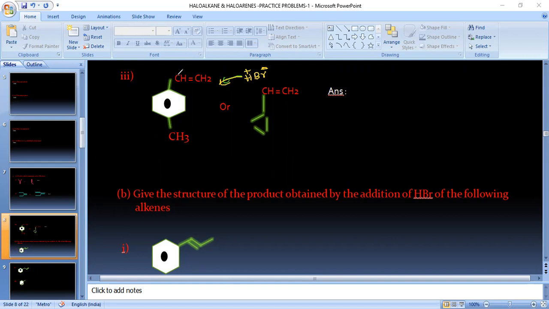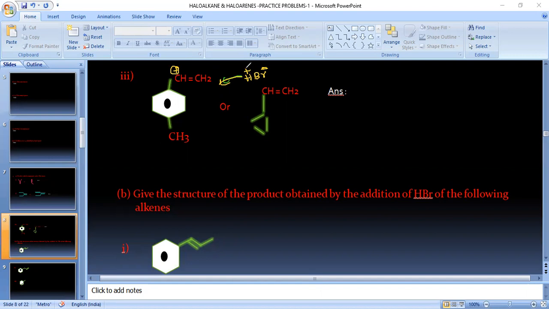H ప్లస్ ఇక్కడ అటాక్ అవుతుంది, బ్రోమిన్ అంటే ఇక్కడ కార్బోకాటయాన్ ఫామ్ అవుతుంది. What type of carbocation is it now? బెంజైలిక్ కార్బోకాటయాన్, isn't it now? Whenever this is that H plus according to that Markovnikov rule here, isn't it now?